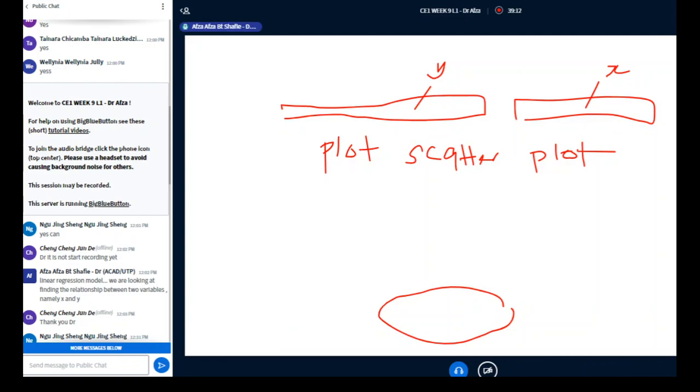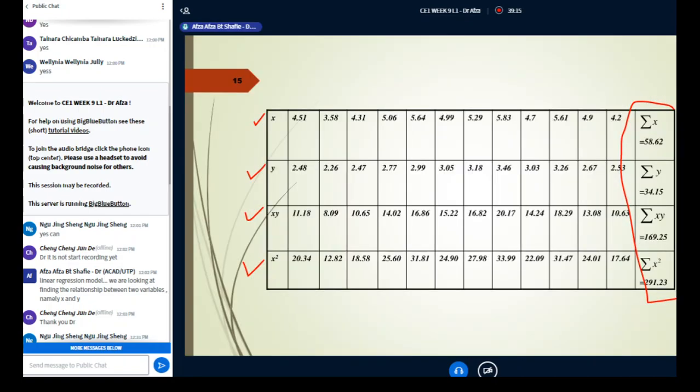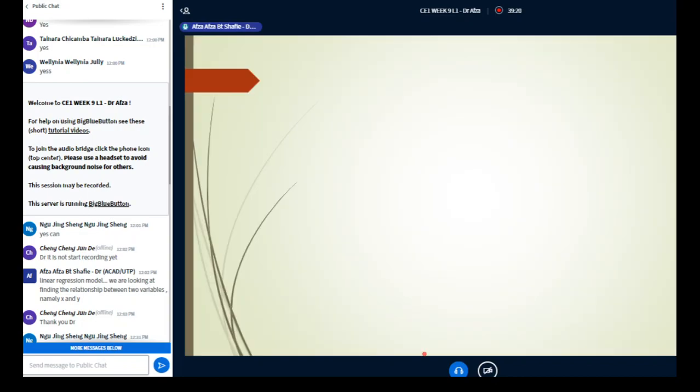Okay. So no questions on how we get the model. All right. So what do we do next? Remember, what is our objective? So this is our objective.